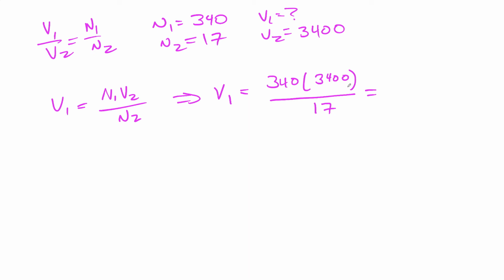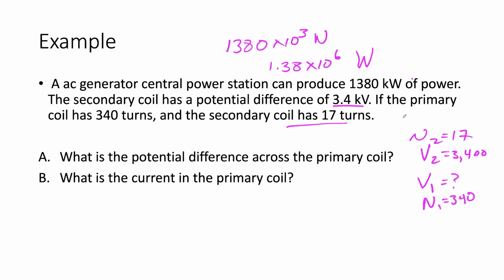I should turn my calculator on. We divide that by 17. And what we have is the initial voltage coming out of that station is 68,000 volts. That is a tremendous potential difference. Very shocking, actually. Now, we want to know the current in the primary coil.